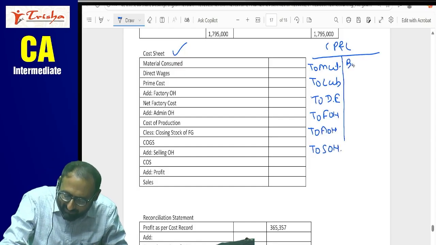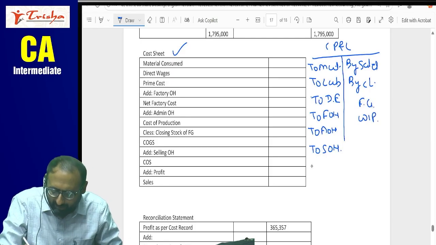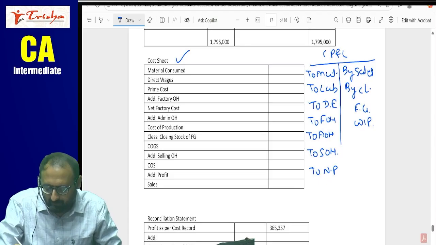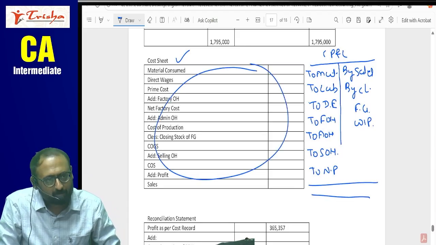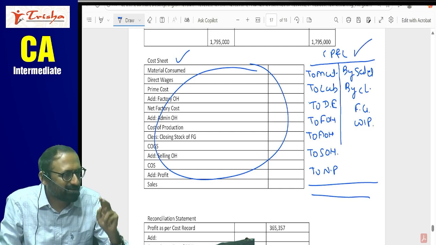Credit side you'll write by sales. Credit side you'll write by closing stock, closing stock of finished goods, closing stock of WIP, and so on. And to net profit. Now, sir, please tell me why cost sheet is mandatory to prepare costing profit and loss account. There are two reasons.